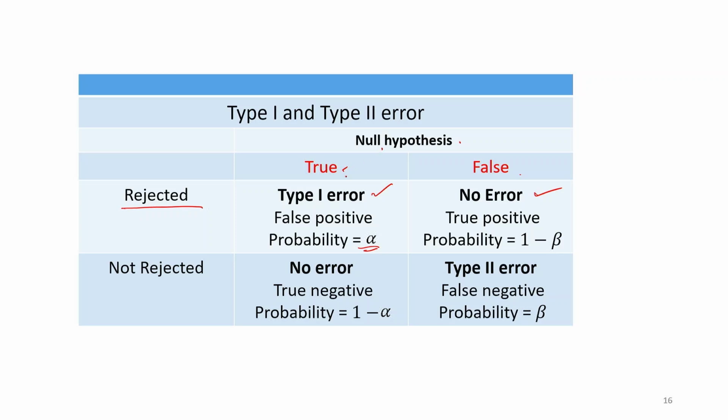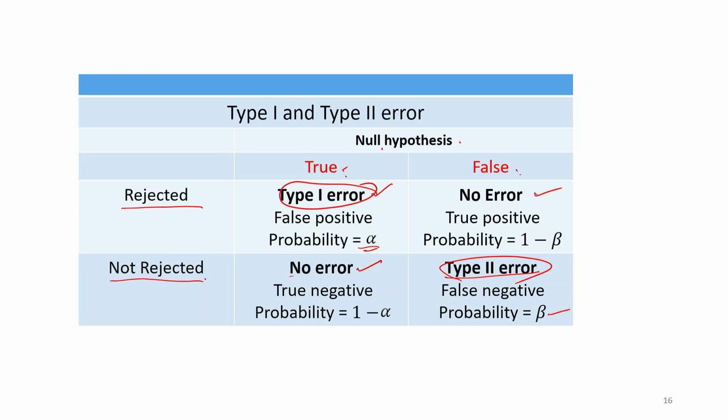When the null hypothesis is true but not rejected, there is no error in this case. But when the null hypothesis is false but not rejected, this combination is type 2 error. So we get an error here, and the probability of getting this error is normally represented by beta.